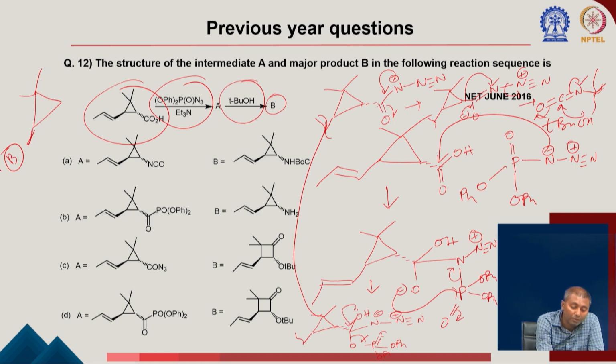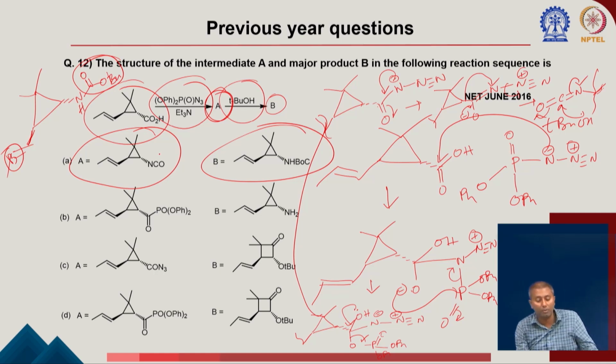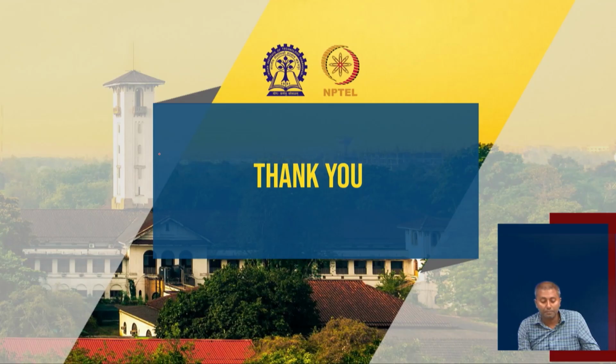Whatever the substitution was here will not be affected, because they are not taking part in the reaction. The only thing is, this is going to convert to NH with COO tert-butyl. This is called a BOC. So, it is going to convert to product B, which is the NH BOC, and the other intermediate A is the corresponding isocyanate. So, it will form the isocyanate and then go on to form the corresponding carbamate.